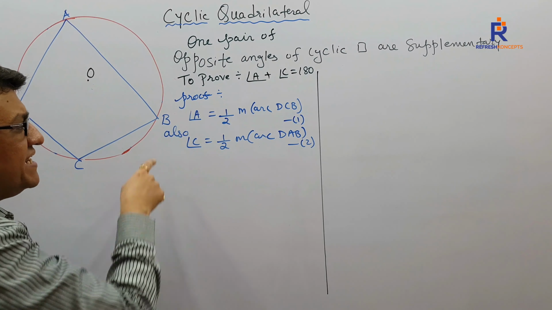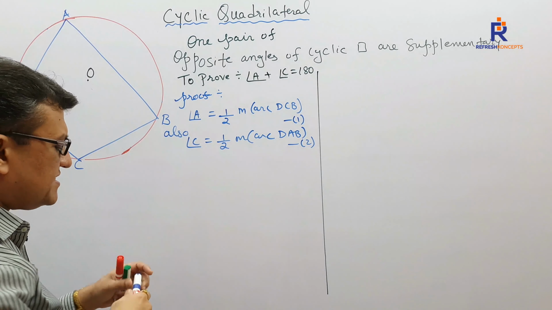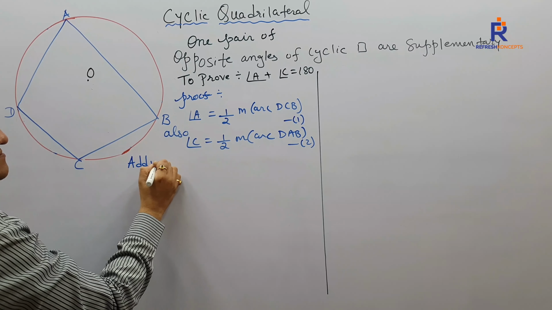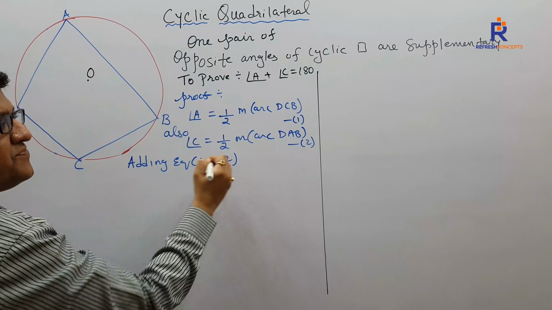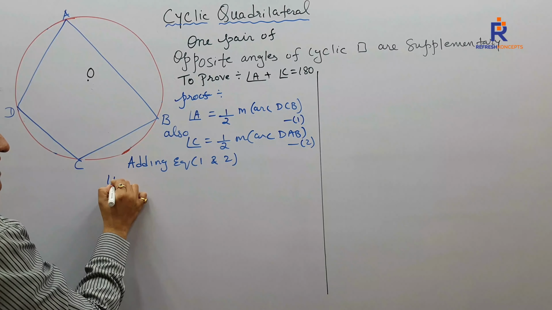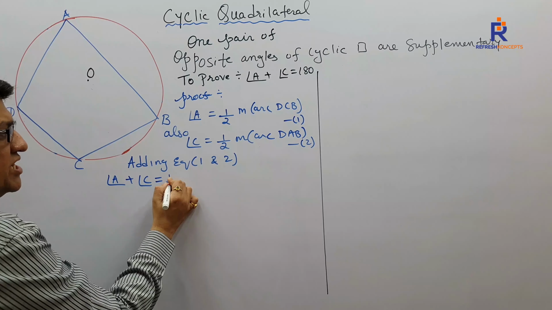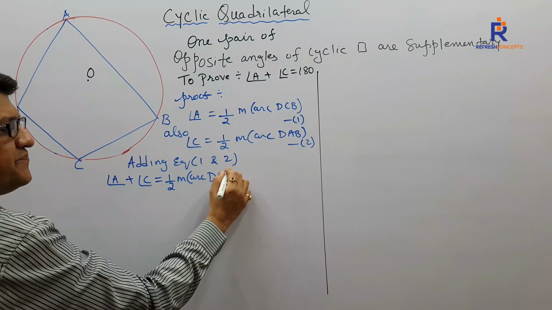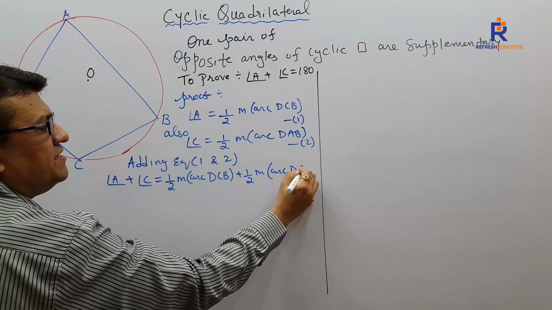Because then and only then will I get A plus C. So I shall be adding equations 1 and 2. On my LHS, I get angle A plus angle C. On my RHS, I get half measure arc DCB plus half measure arc DAB.